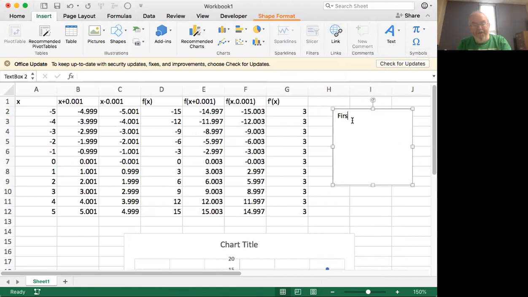Our first function was f of x equals 3x. That was a straight line. The derivative is constant. The second function, f of x equals x squared plus 5x plus 7.